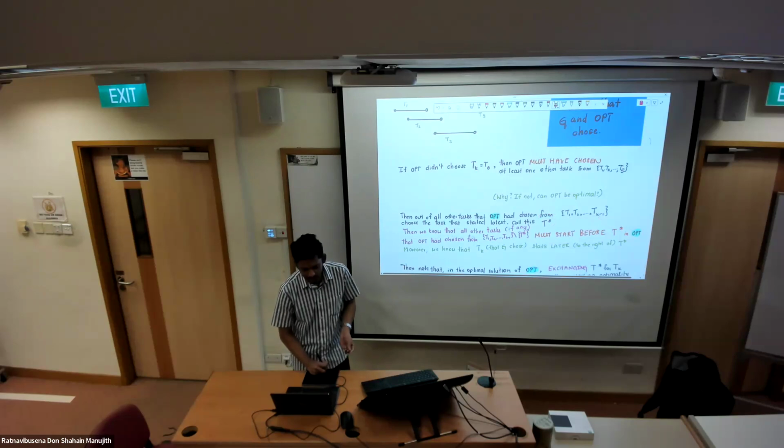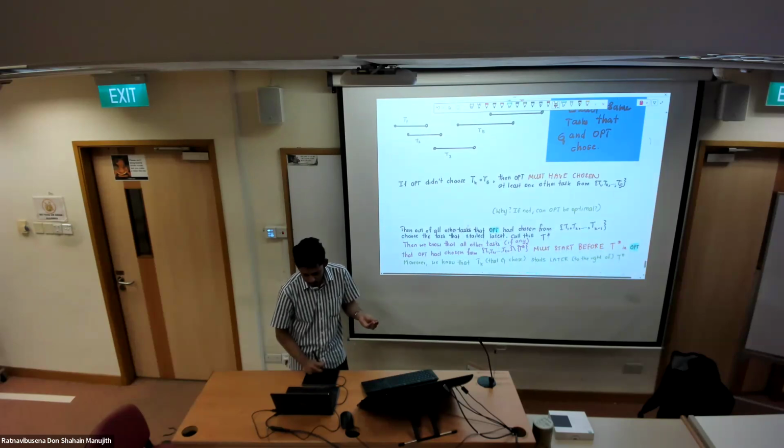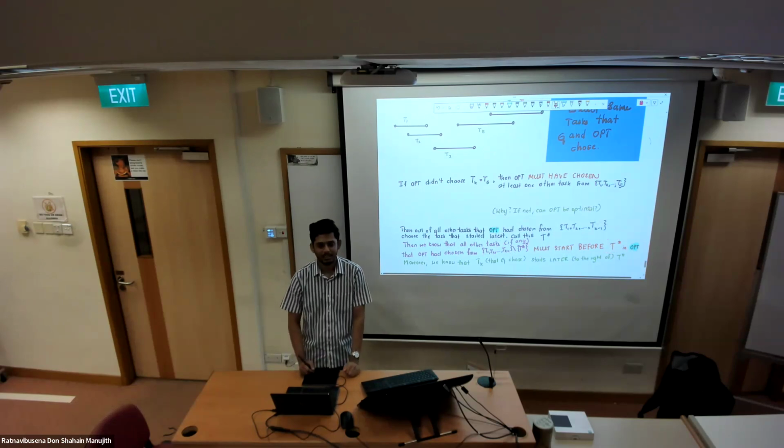Then we know that all the other tasks, whatever OPT chose from T1 until Tk minus 1 without T star, if OPT even chose some, must start before T star in OPT. Why is that the case?